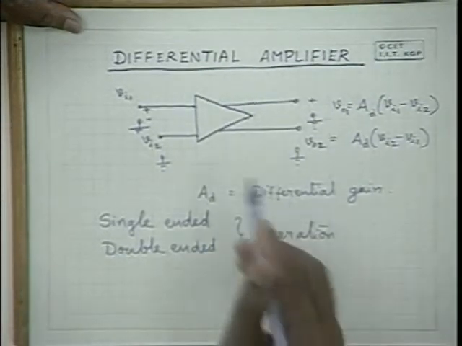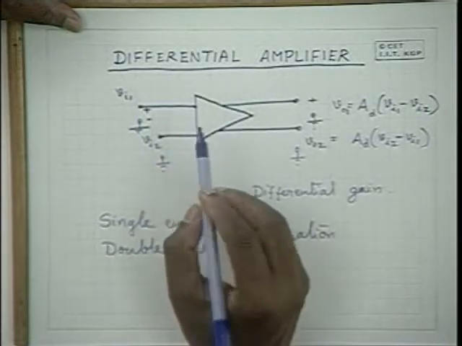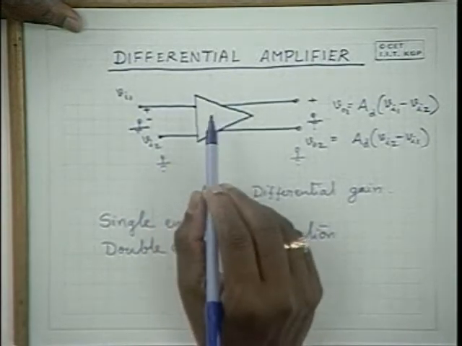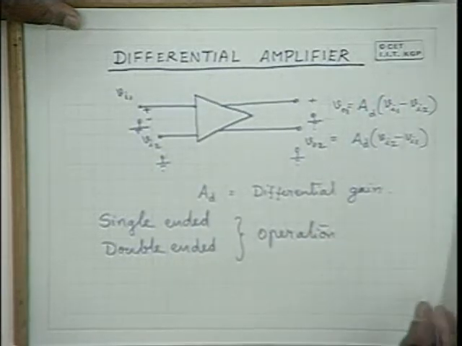Hence, you can take measurements. Given a difference amplifier, you can take measurements to find out how much is the common mode gain and how much is the differential gain.